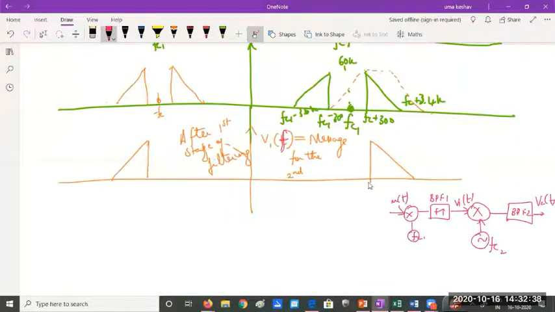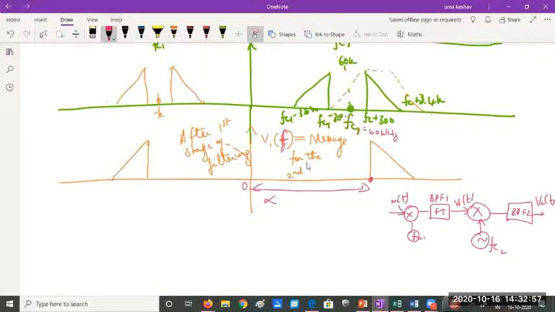Now at this stage, V1 of t or V1 of f, here we have plotted frequency, is a well separated message. Can somebody tell me what is the alpha now here? This separation alpha from 0 to this point. Say I have used this carrier frequency as 60 kilohertz.